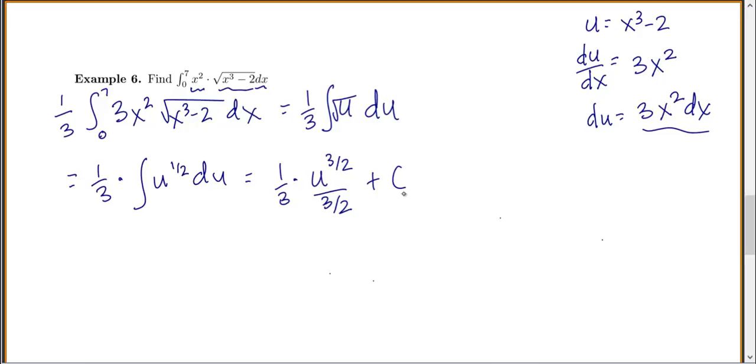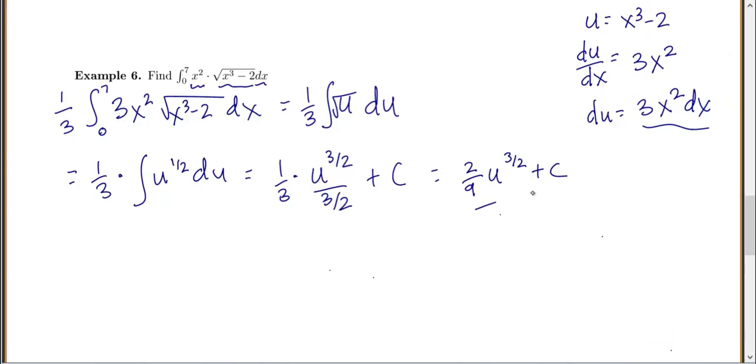So 1/3 divided by 3/2 is 2/9. So we have 2/9 u to the 3/2 plus c.